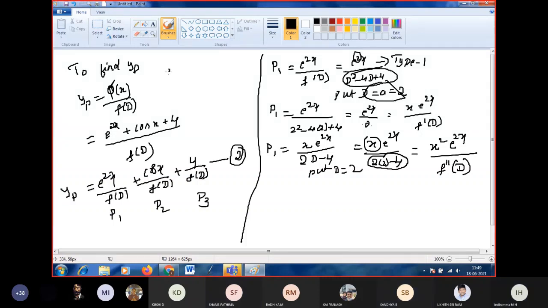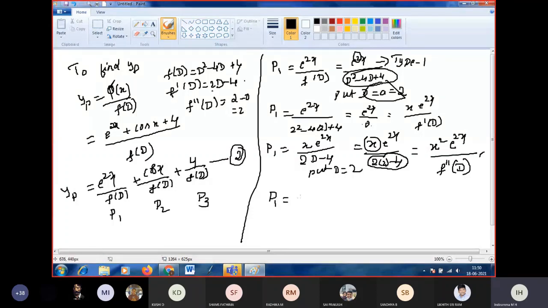Here, f of d is d square minus 4d plus 4. f dash of d is 2d minus 4. What is f double dash of d? 2. So P1 is equal to x square e power 2x by 2.